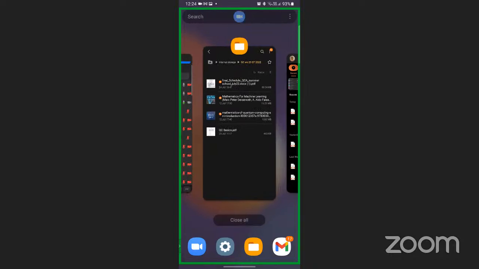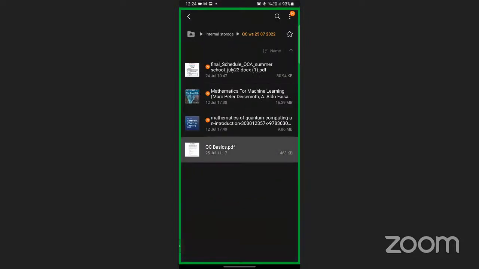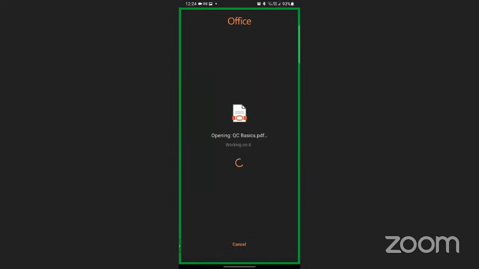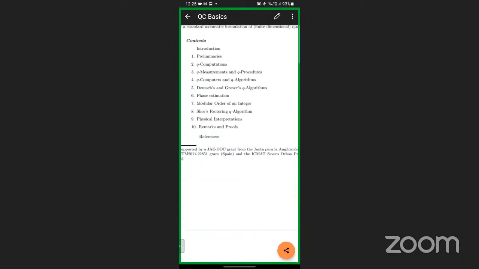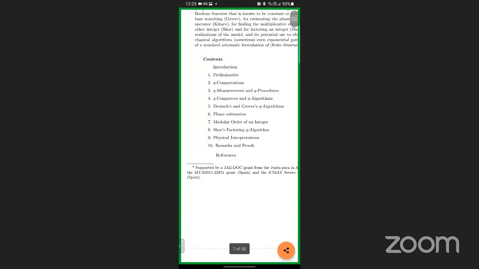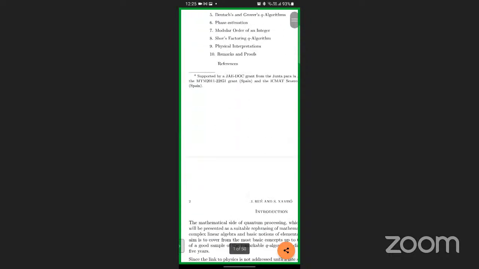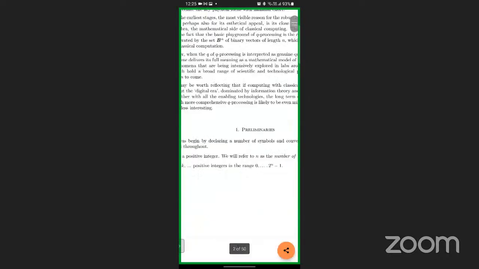This is the article which gives you the basics in short. Here it talks about quantum computation. So maybe I can start from here.